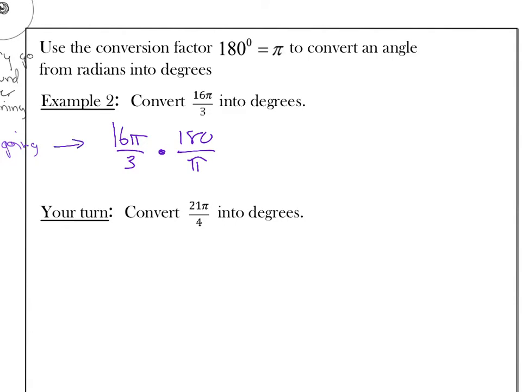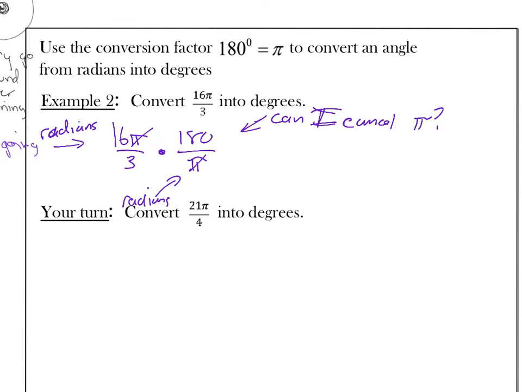So this is in radians, so I need to put radians down here. And a good check to see if your setup is right is, can I cancel pi? And the answer should be yes. The way I have this set up, pi should be able to cancel out. That is my giveaway. On the other one, I should be able to cancel out degrees. On this one, I should be able to cancel out the pi.